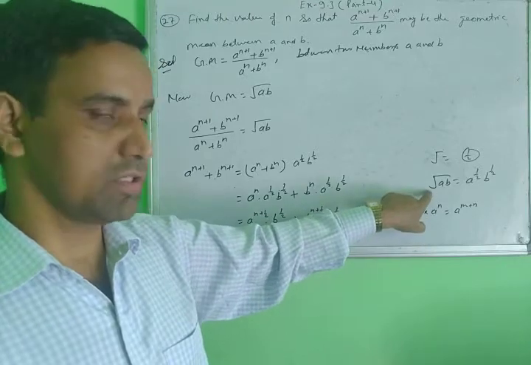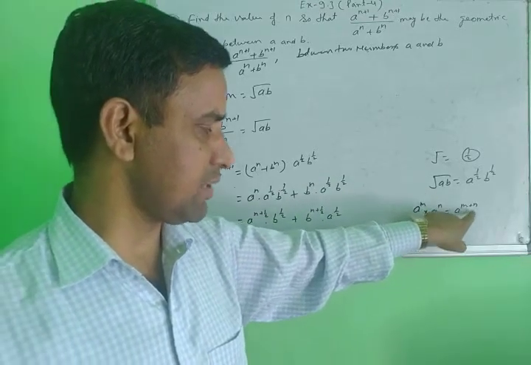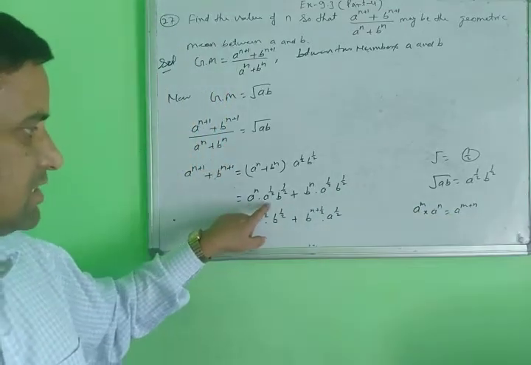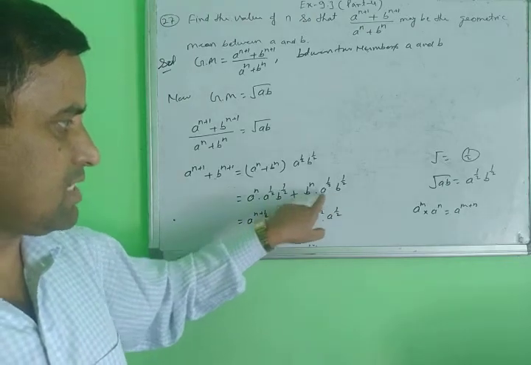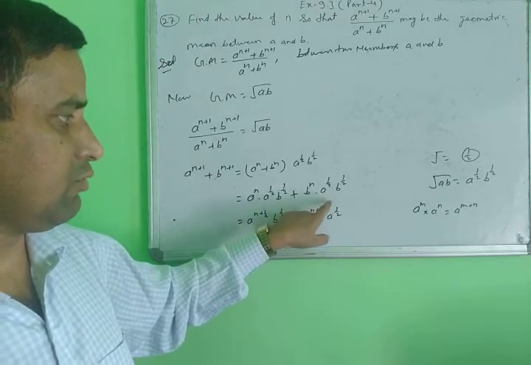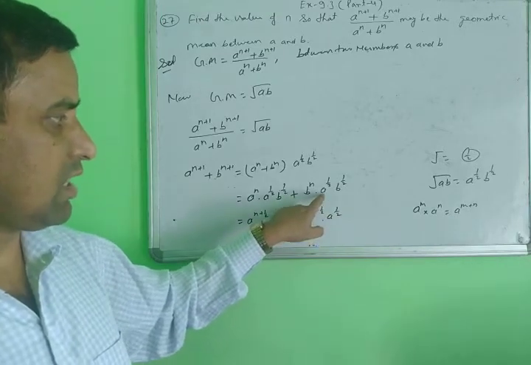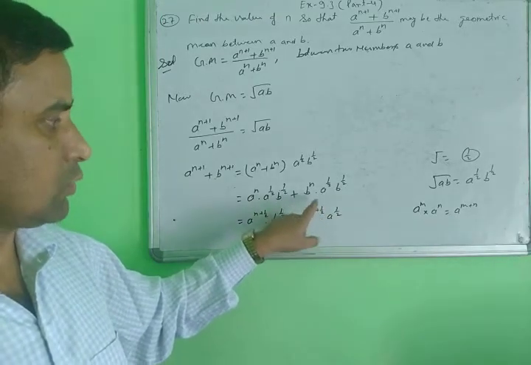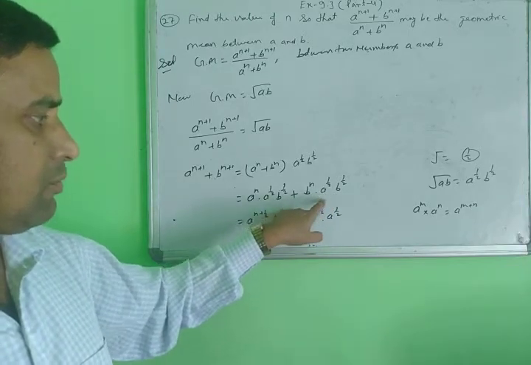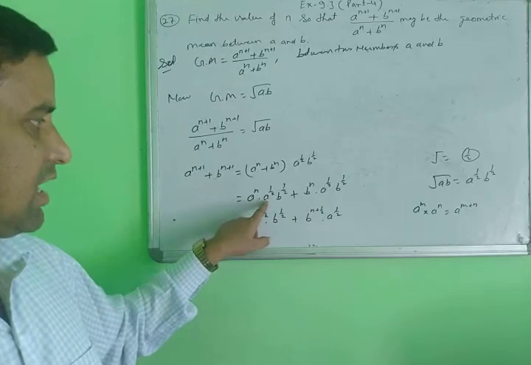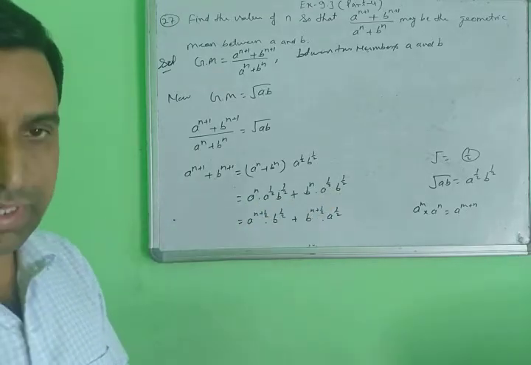You will solve according to the law of exponents: a^m into a^n equals a^(m+n). When the base is the same, add the powers. Unlike bases are written separately, and like bases are written in addition form, so their powers will be added. Here a is like, here b is like, then you add according to the law of exponents.